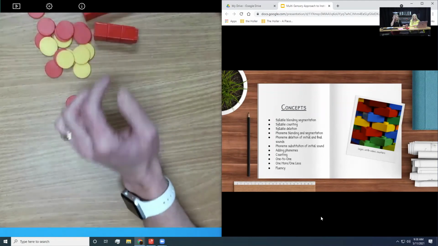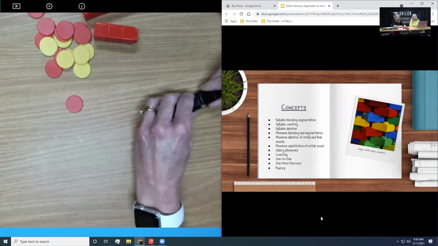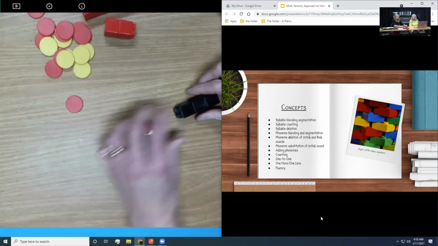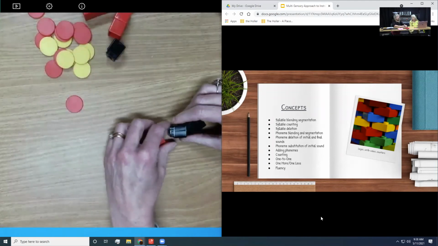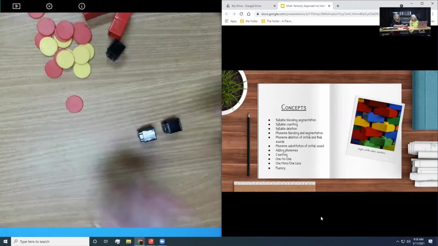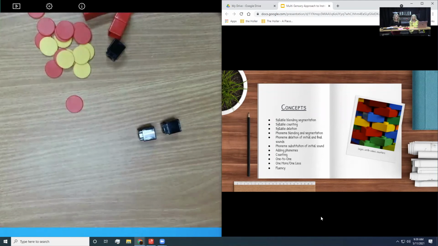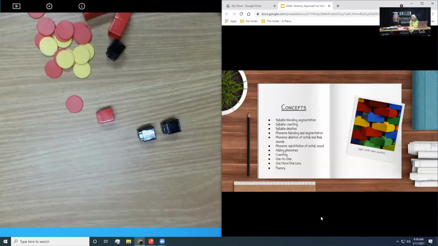And then if you're wanting to add sounds, I like to use 2 different colors, just again, for that representation. So if you gave them this and said, okay, this is the word at. I'm going to hand you a k, and what word would that give you?